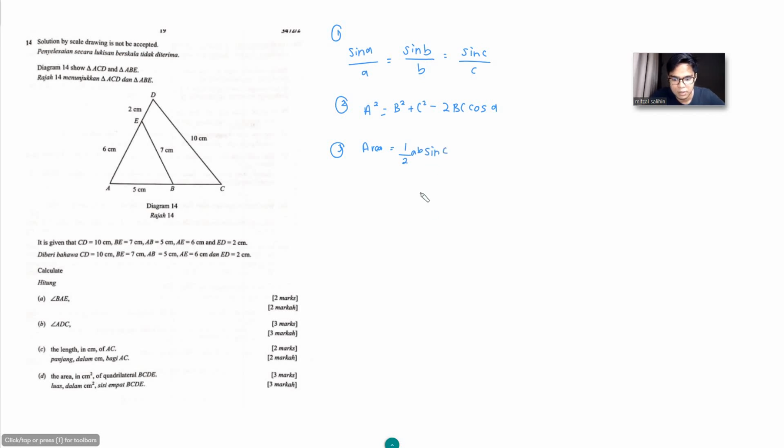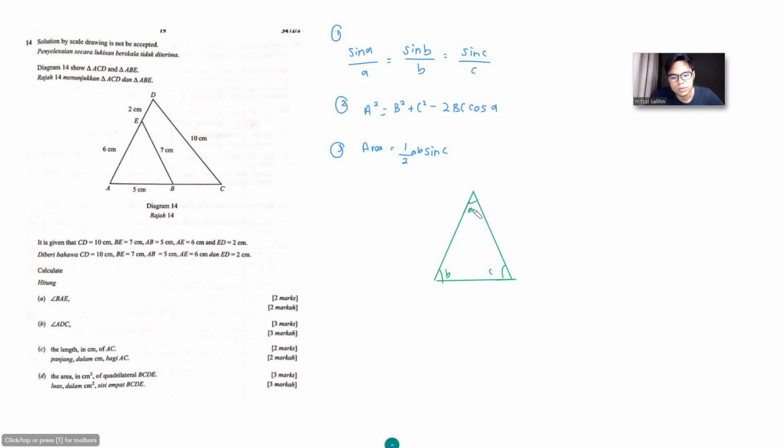To understand this formula, let me just draw a triangle for you. I've drawn a triangle over here, and this triangle has three angles: angle A, angle B, and also angle C. The angles are represented with lowercase letters. Now we are going to find the length.